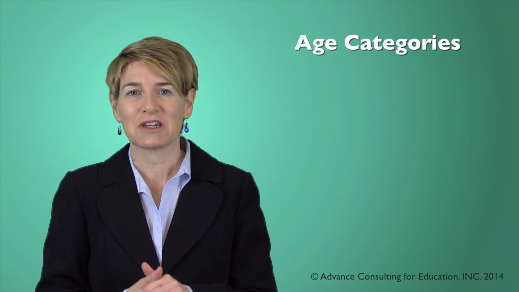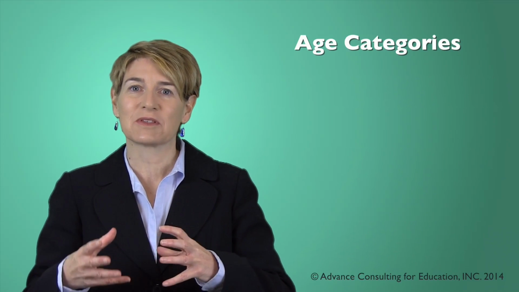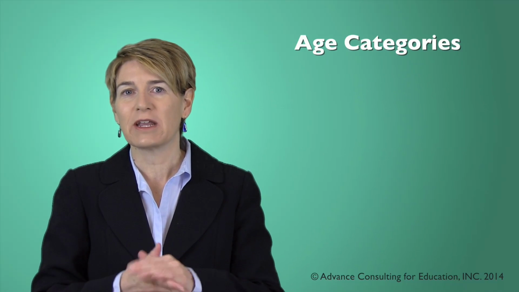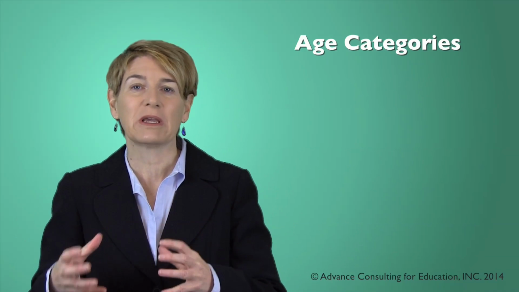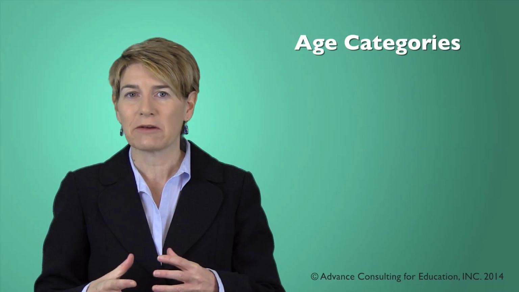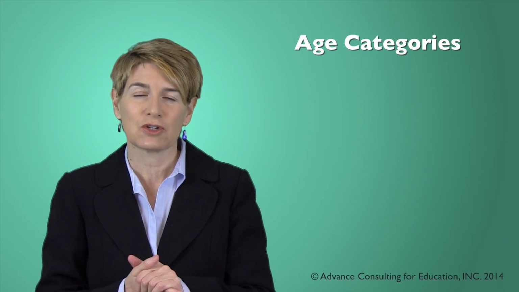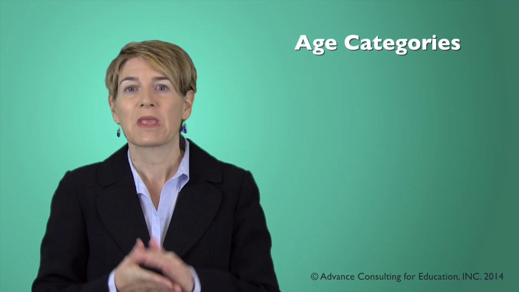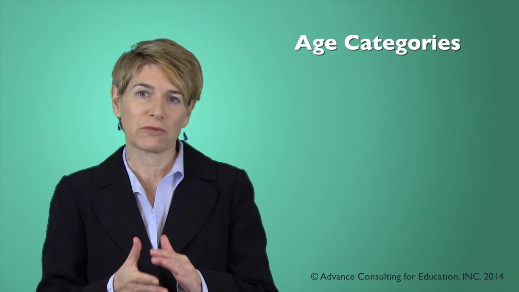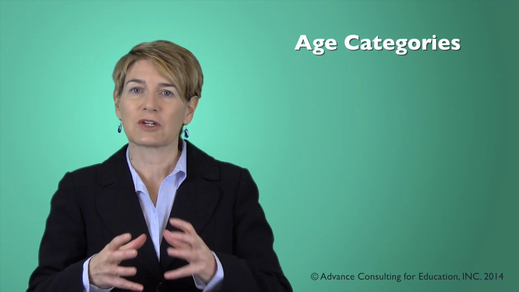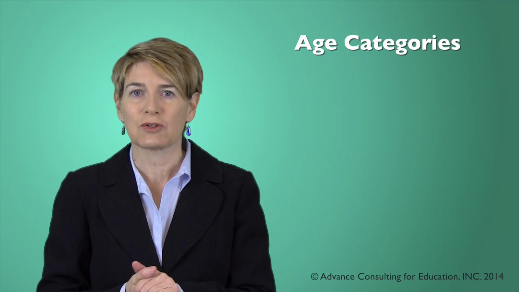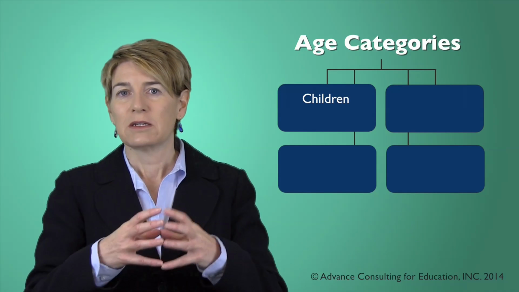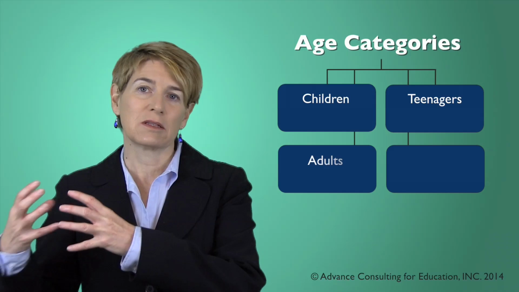For the sake of simplicity, when we're talking about language use and age, we're going to divide human life into four big categories. These are going to allow us to make very simple generalizations. Obviously these generalizations are not true for every individual, but they help us get our heads around the interaction of language and age. So we're going to group human beings into children, teenagers, adults, and seniors.